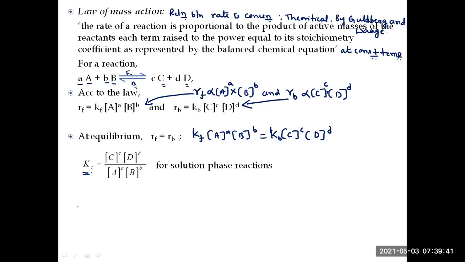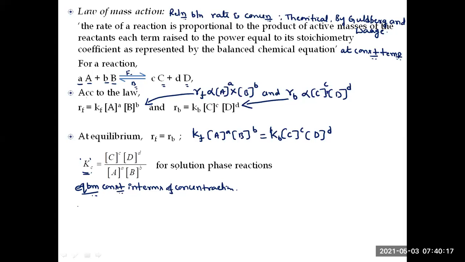This is the equilibrium constant, in terms of concentration, C for concentration. When you write the equilibrium constant by considering molar concentrations of reactants and products, it is called the equilibrium constant in terms of concentration.